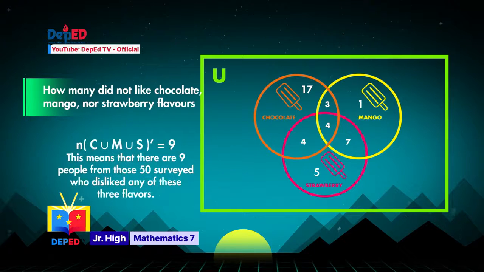Good thinking! Earlier, we said this is the difference between the universal and the union of all 3 sets. And therefore, since the complement of the union of sets C, M, and S has a cardinality of 9, the answer to letter B is 9.